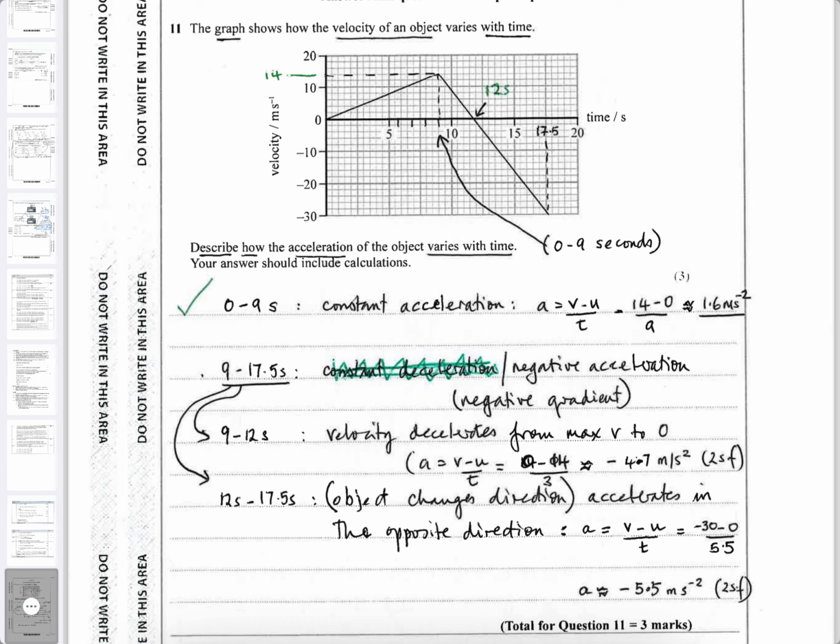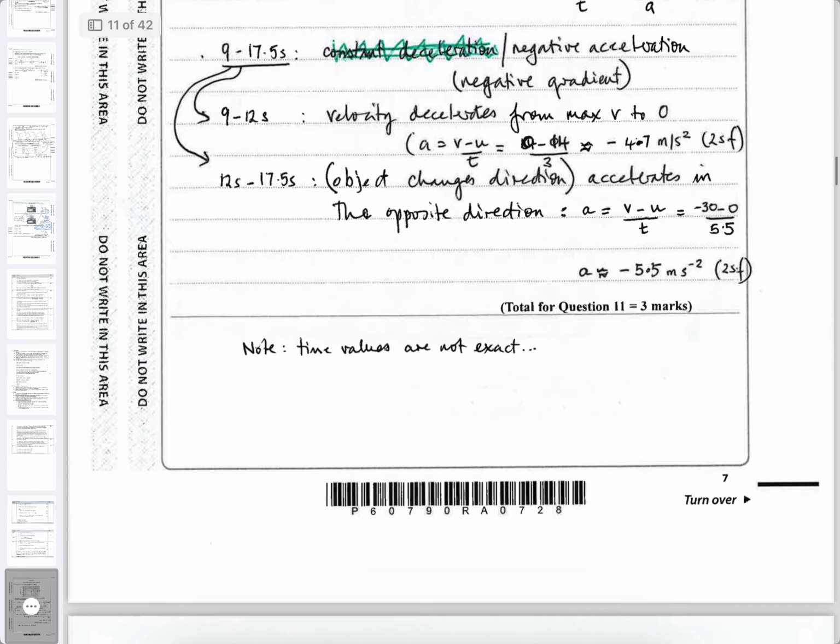So you should explain all that. To describe means you add some explanation to it. The object changes direction, accelerates in the opposite direction at a rate of 5.5 meters per second squared. Okay? So you can go back and look at the mark scheme, yeah?